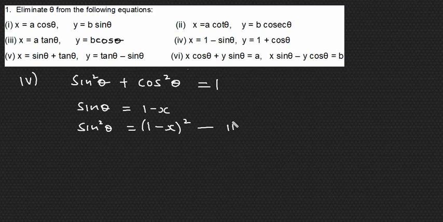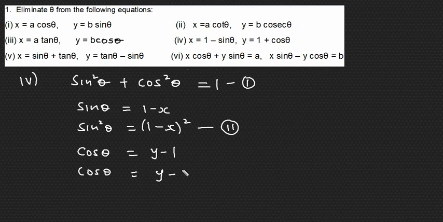So this is equation 2, if I call this 1. Then the cos theta will be y minus 1, and cos squared will be y minus 1 squared. So if I put 2 and 3 in 1, I get rid of the theta, that parameter.